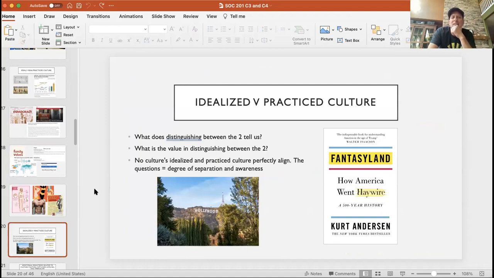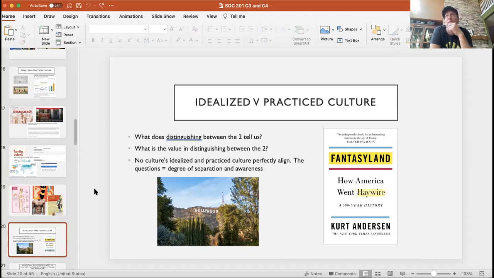A couple of questions to ask: what does distinguishing between ideal and practice tell us? How does it inform us? What is the value in doing that? It helps us understand the degree of distance between the two, and how we are responding to social issues and social problems.